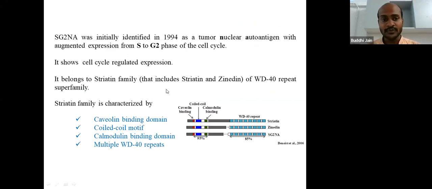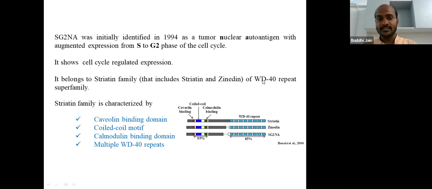This protein belongs to the striatin family, and the other members of this family are striatin and zinedin. This striatin family comes under the WD40 repeat superfamily. Because of the presence of this WD40 domain at the C-terminal, these proteins act as scaffold proteins. And what is the meaning of scaffold protein?